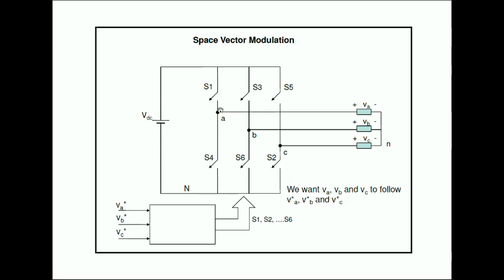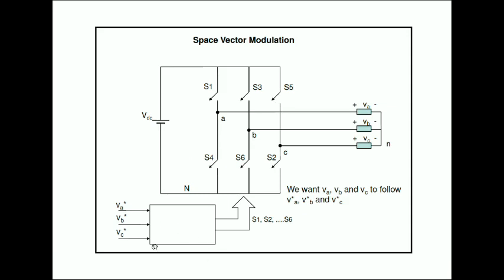That means if you give 1 as input for S1, then this will be closed and the other will be opened. And with S3, one switch is complementary to the other. SA is 1 means this switch is operating, SB is 1 means this switch is operating, and SC is 1 means this switch is operating. Keep that in mind.